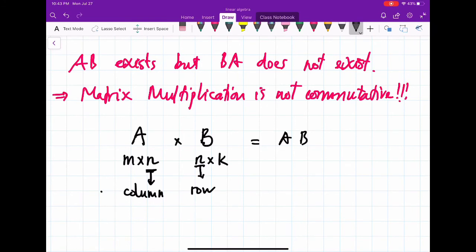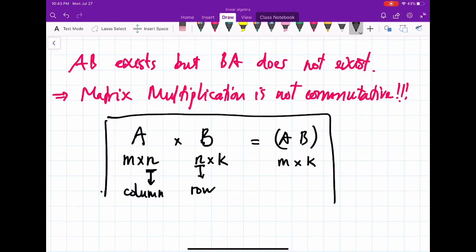The size of the product is M times K. Is it okay? So don't forget that. In case the number of rows in B is different from the number of columns in A, you don't have the product of A and B.